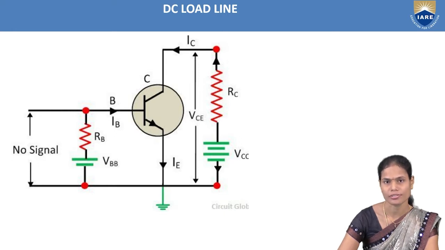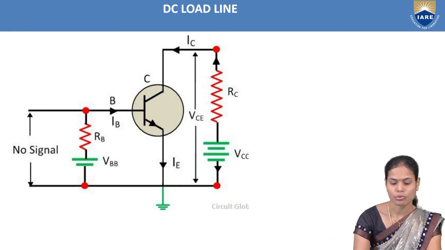To make the transistor operate in the active region, we have to give forward bias to the input junction, that is base to emitter junction, and reverse bias to the collector to emitter junction in the case of common emitter configuration.